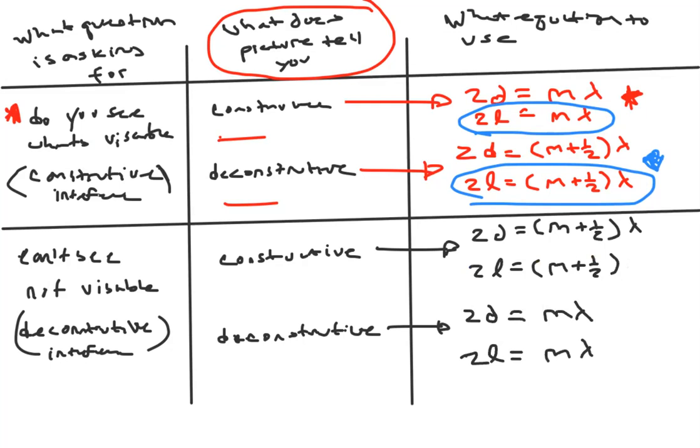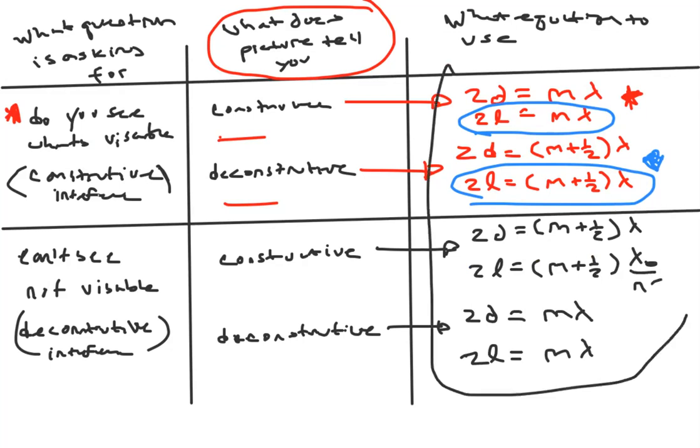Okay. And also keep in mind, I'll write one of them, but remember, this is true for all these equations that we have written on the right hand side. That lambda can be written as what? Lambda naught over n prime. Remember, so that means you can write all these equations on the right hand side, you could go through and rewrite them all with this variable in them, because you should see it both ways. Because if you just write this is lambda, you're just going to solve this for lambda every time.